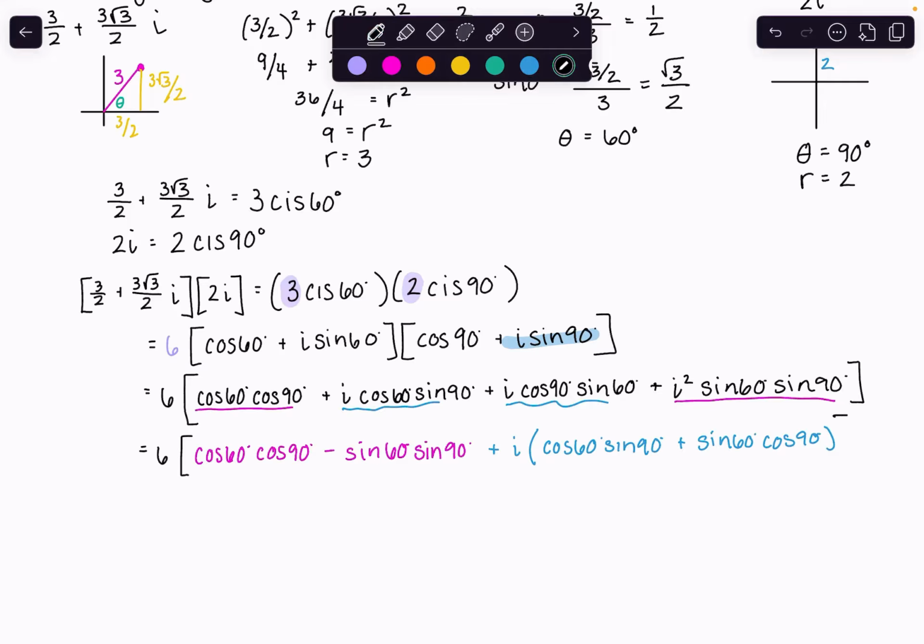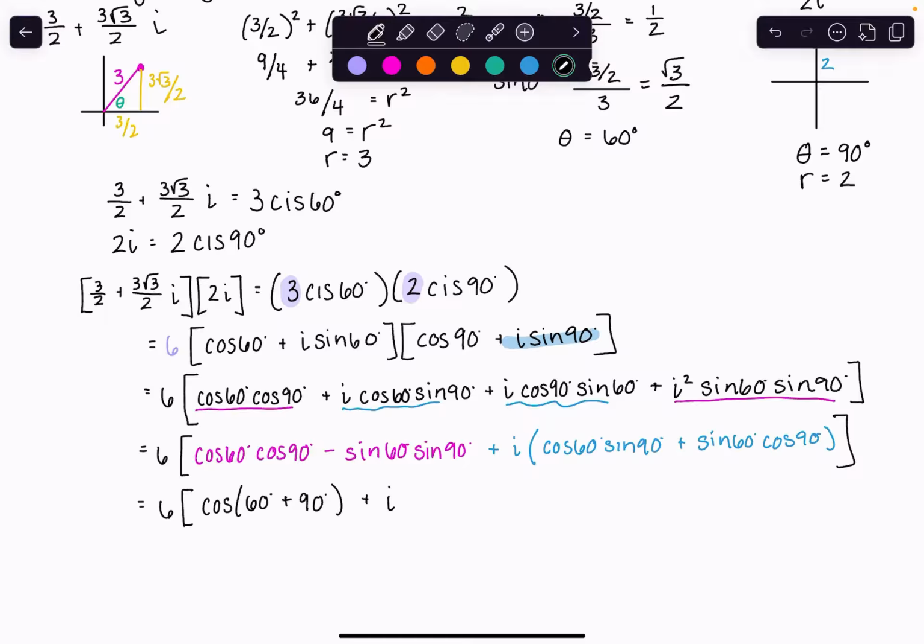Okay. And now using our sum and difference formula, this condenses to cosine because it's the same on each side. And we add those angles because it's the opposite sign. So this would be cosine of 60 degrees plus 90 degrees.